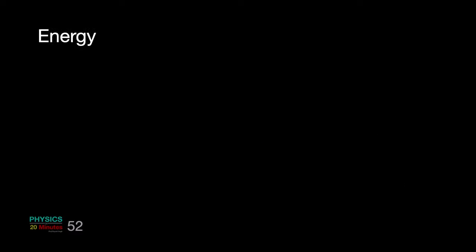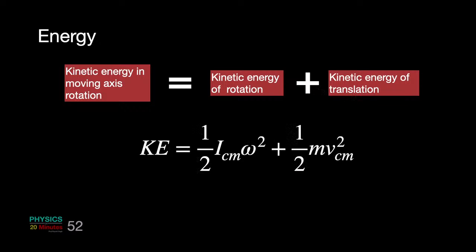How would the energy of a rotating body or a moving axis rotation look? The kinetic energy of rotation we have already seen. It is half I, moment of inertia about the center of mass, times omega squared, plus the kinetic energy of translation, half m times the square of the velocity of the center of mass.